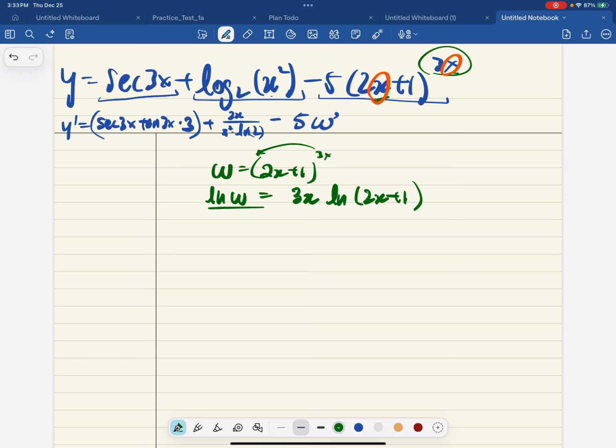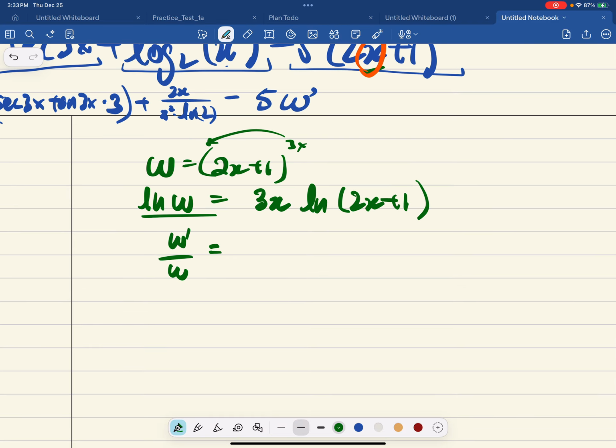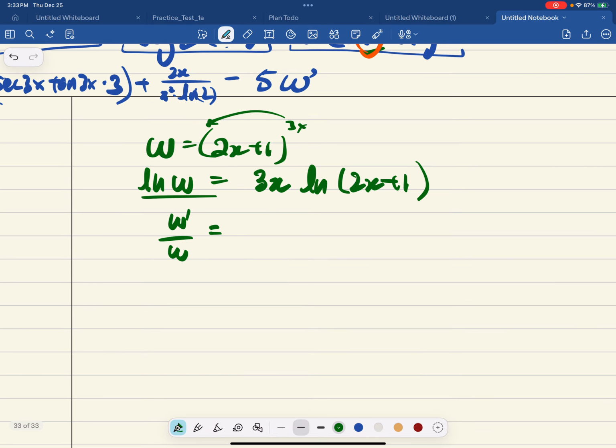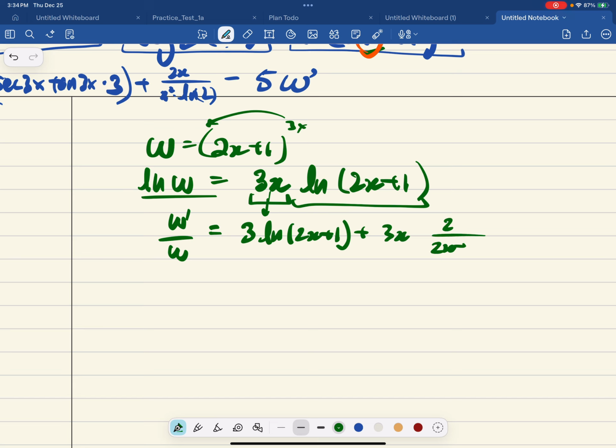Now, the derivative of ln of w, we learned, is w prime over w. Here we have a product rule, because there's 3x, which is not a constant, times another expression. So 3 ln of (2x plus 1), since 3x turns into 3 when deriving, plus 3x times 2 over 2x plus 1.